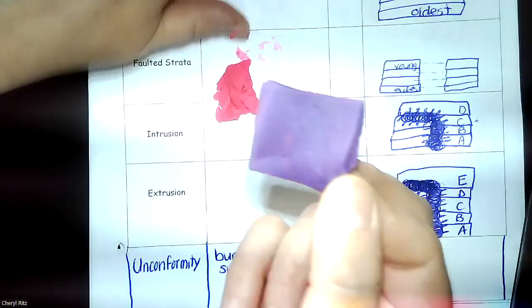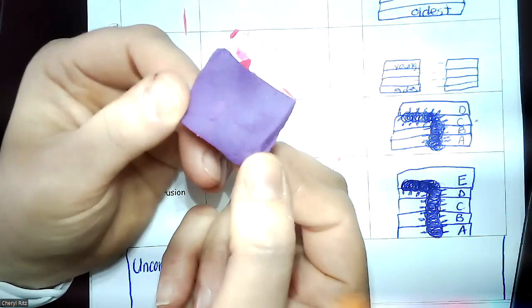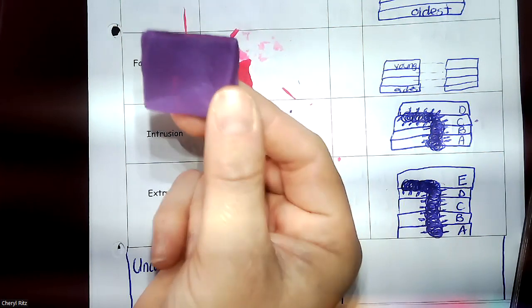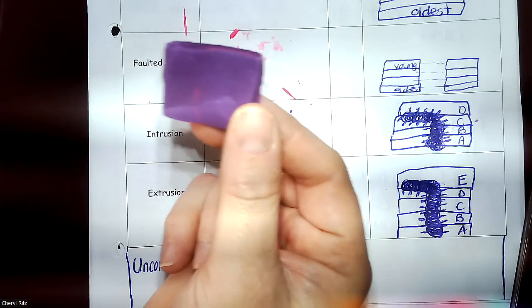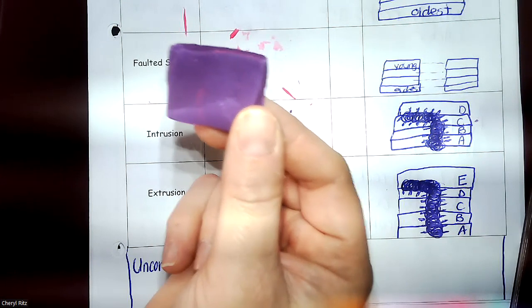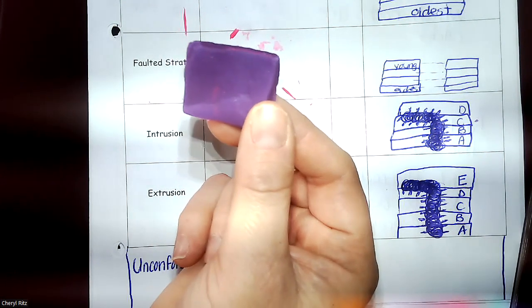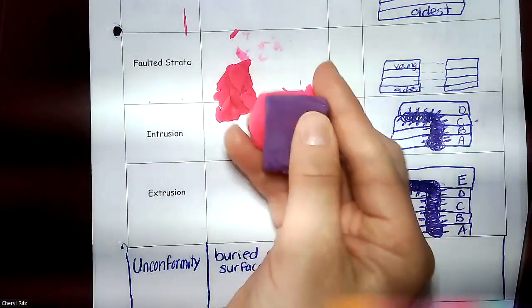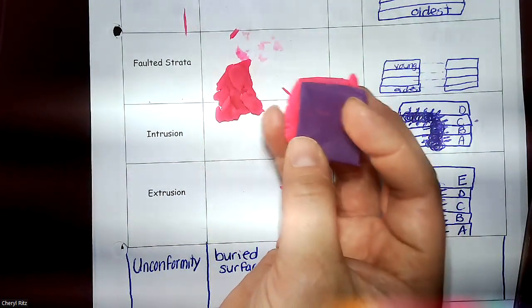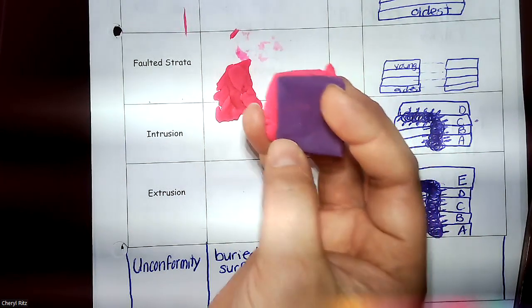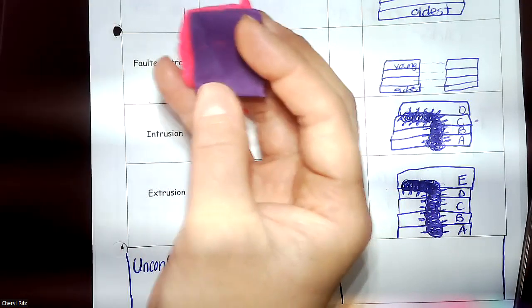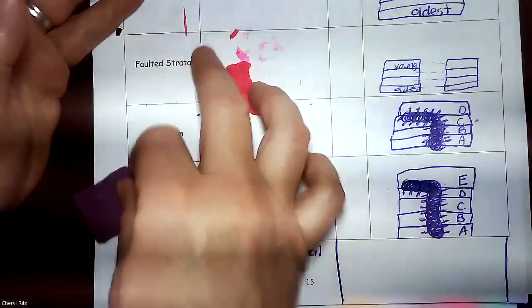So there's still some pink on this. So there's a tiny bit of evidence that there was a pink layer there. If this was real life and a glacier had gone over these layers, what evidence would there be that a glacier went through? Scratches, the U-shaped valley that we talked about before. So glaciers will leave evidence that they were there, but they take their whole rock layer and make it disappear.